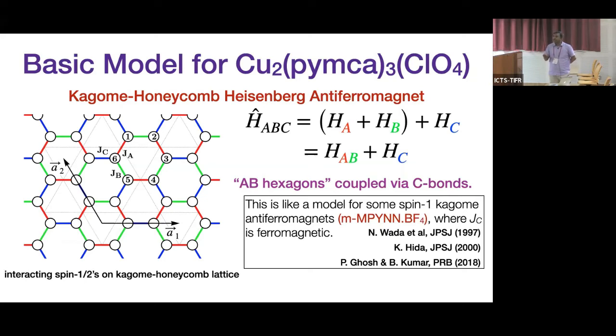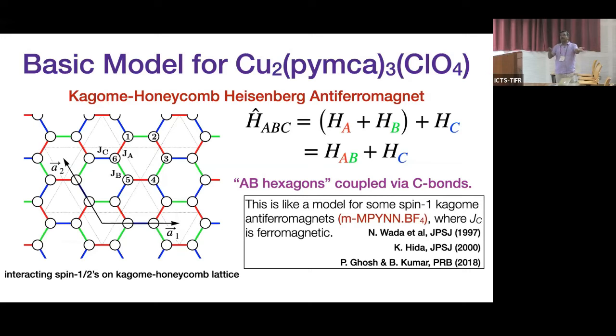This material, again, has some organic name which I don't know the full form of, but anyway, this is some organic salt which forms the same sort of Kagome-Honeycomb pattern, in which the antiferromagnetic hexagons were coupled by ferromagnetic coupling.